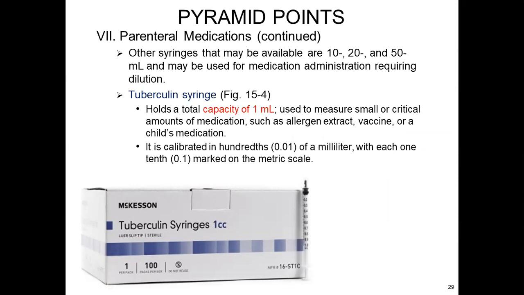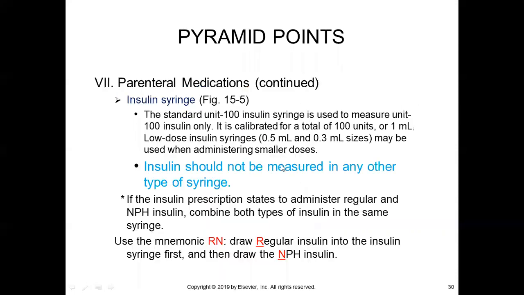It is used to measure small or critical amounts of medication, such as vaccine or child medication. And it is calibrated in milliliters, in 1/100 ml marks on a metric scale.